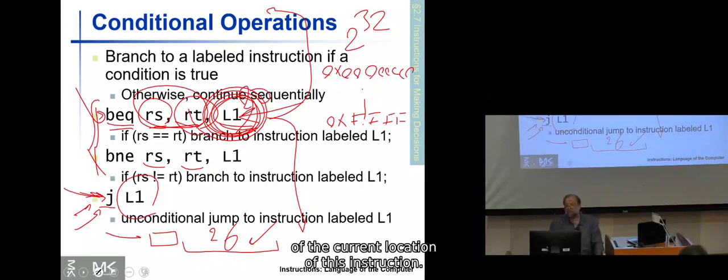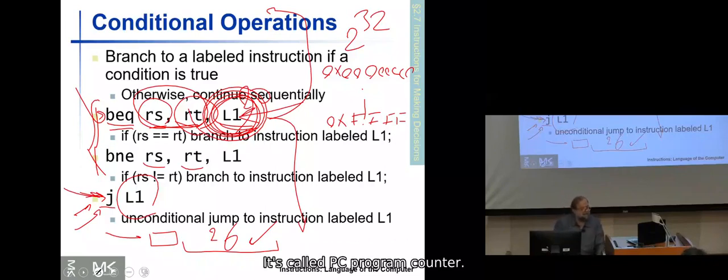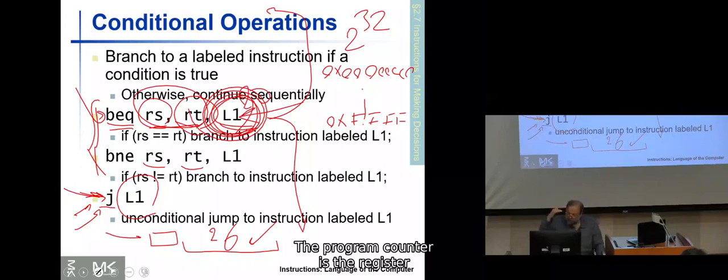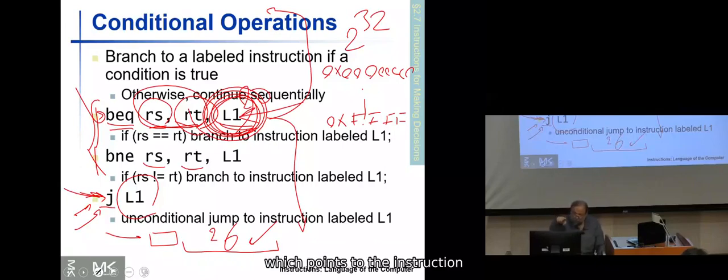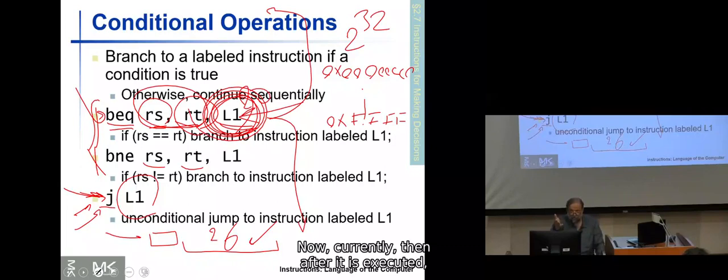of this instruction, called the PC, program counter. The program counter is the register which points to the instruction that is going to be executed currently.